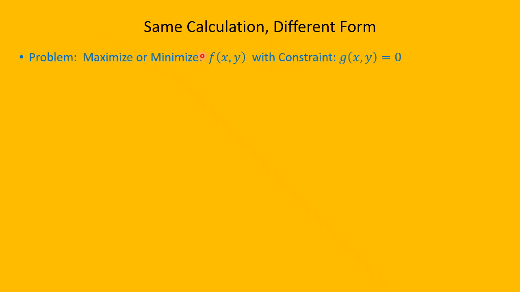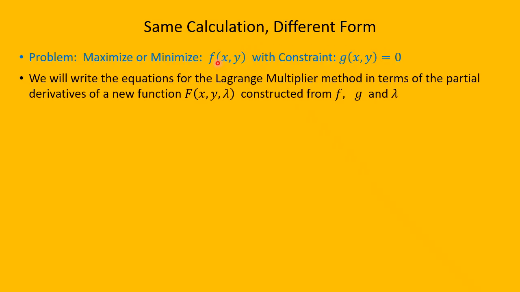Once again, we're going to maximize or minimize f of x y, lowercase f, and the constraint we're going to use is g of x y equals 0. So what we're going to do is write the equations for the Lagrange multiplier method in terms of the partial derivatives of this new function, capital F of x y lambda, which is constructed from little f, g, and lambda. So we'll define capital F to be equal to f of x y plus lambda g of x y.